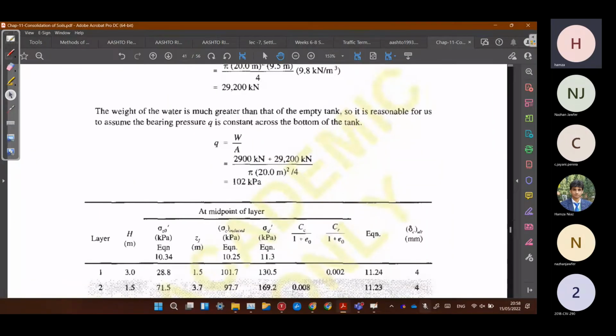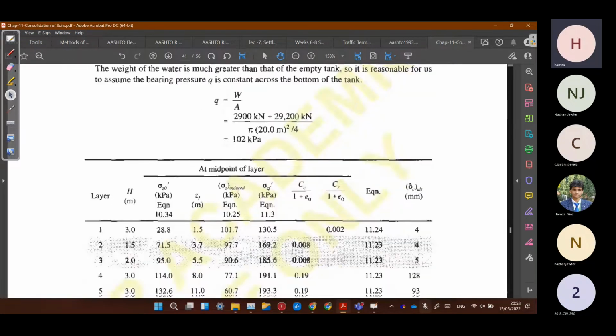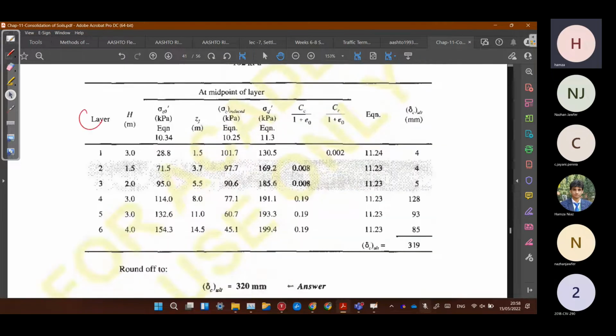But in the paper, they would not say whether the soil is normally consolidated or over consolidated, so we have to do the procedure in the paper. Again the table comes: the layer height, sigma z naught. You must know about this.